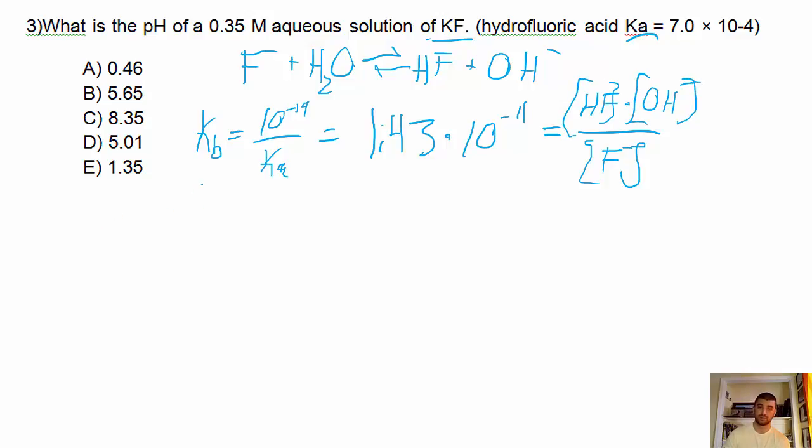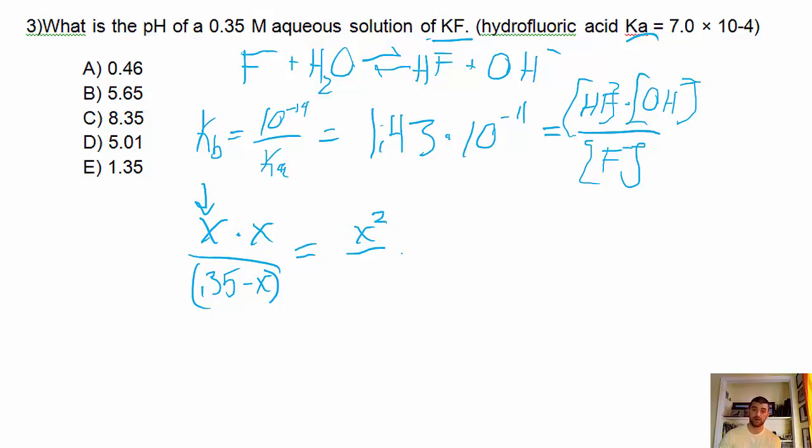So how much HF do I get? X amount. I'm going to get the same unknown amount of OH minus. It's all going to be on top of 0.35 molar minus the amount that we used. So that is my Kb expression. That's going to be x squared over 0.35 minus x.